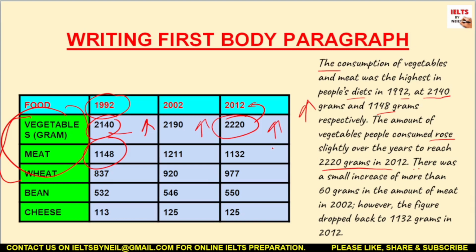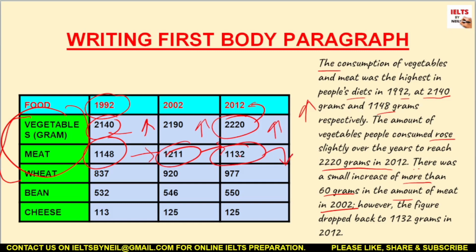Now moving on to the next one: there was a small increase of more than 60 grams in the amount of meat in 2002, meaning a small increase until here. However, the figure dropped back to 1132 grams in 2012, meaning after 10 years the consumption dropped a little bit.